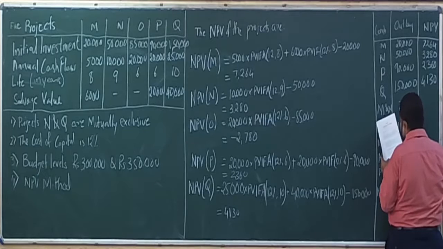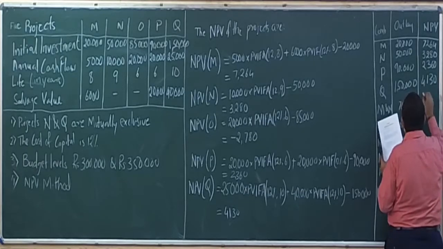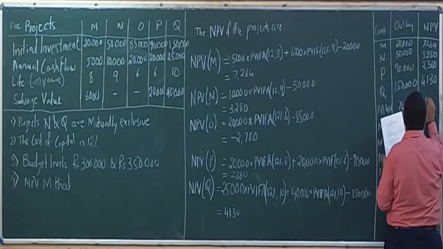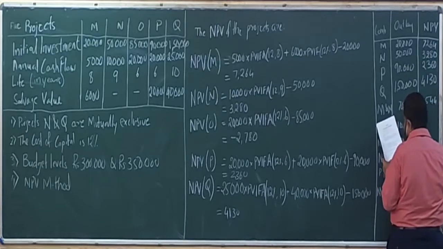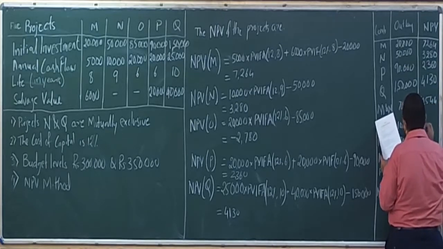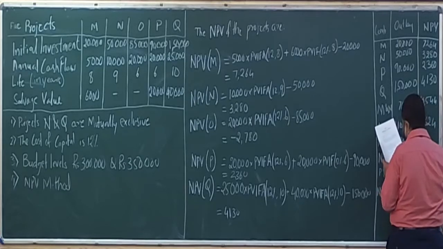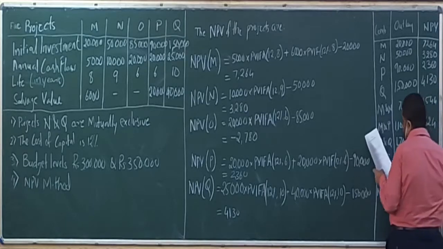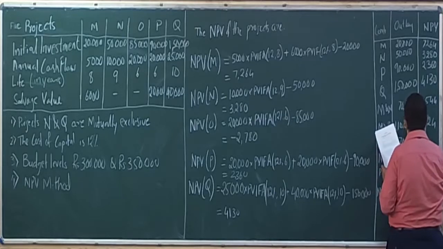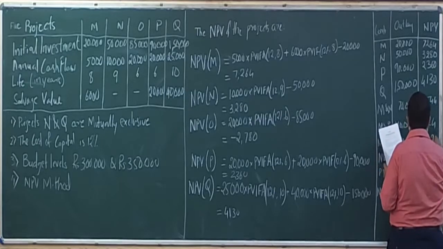And for project M and N, the NPV will be 10,544. And for project M and P, it will be 9,624. For project M and Q, it is going to be 11,394.